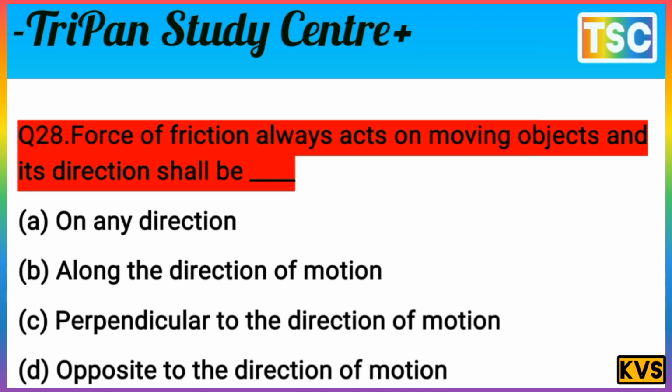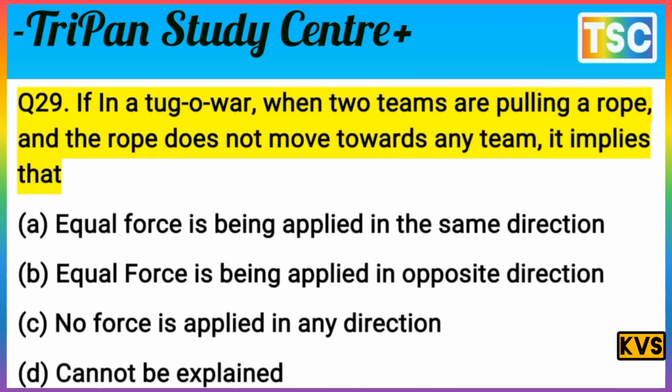Let's see the next question. Next question on your screen. If in a tug of war, two teams are pulling a rope and the rope does not move toward any team, it implies that... This is a game, okay?